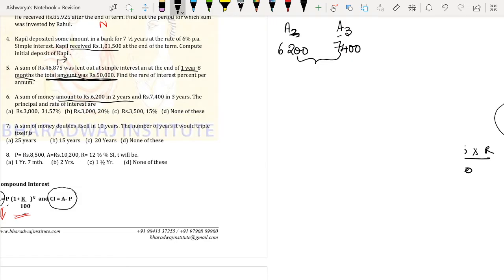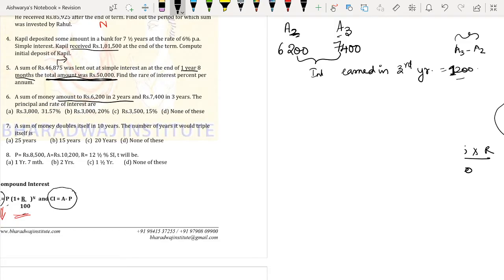It is nothing but the interest earned in the third year. 7,400 minus 6,200 is 1,200. That is, A3 minus A2 is the interest earned in the third year.